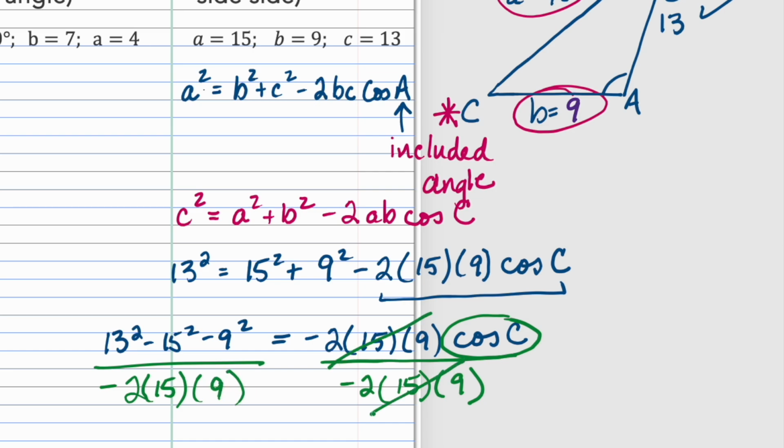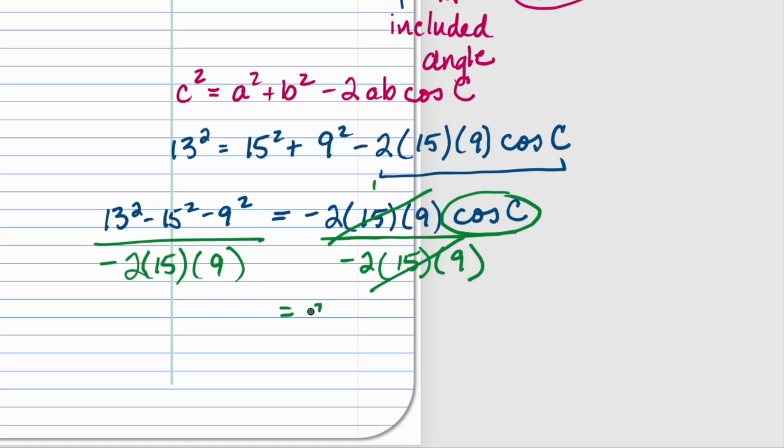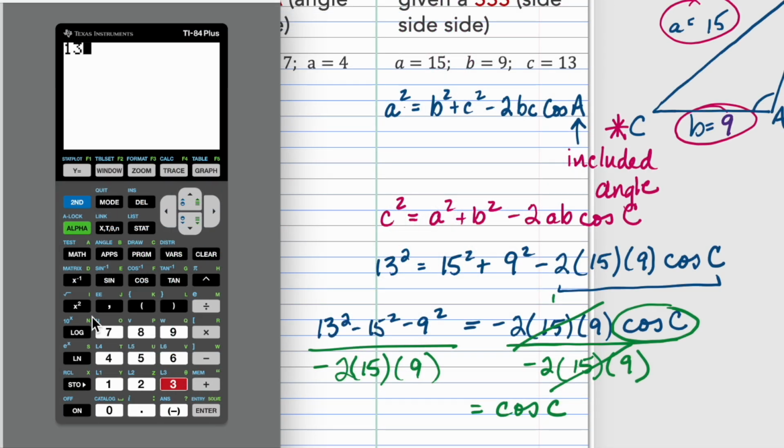Those two make 1. Cosine of C is by itself. And now we need a calculator. 13 squared minus 15 squared minus 9 squared equals, divided by, start your bracket, negative 2 times 15 times 9, close the bracket, equals, that's the ratio.